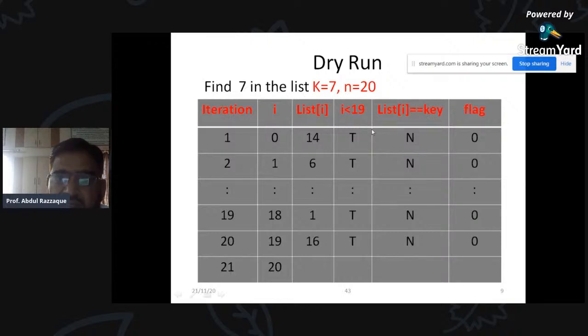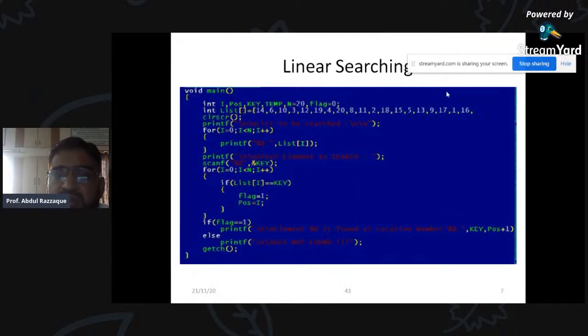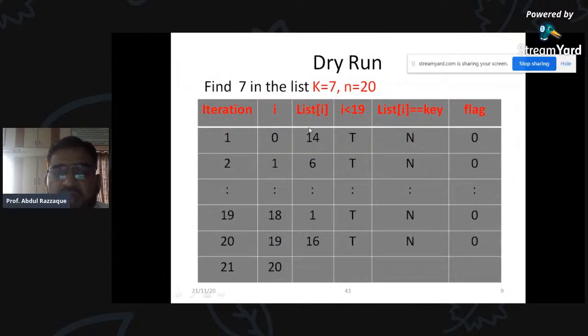You can see 7 is not found anywhere. So in all these cases, the match is not successful. List of I is never equal to key. So the flag was earlier 0 and it will remain 0 throughout the program.